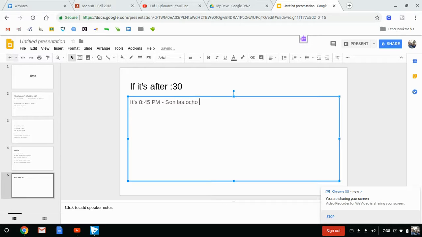Son las 8:45 de la noche. I can go through that whole phrase, but think about another way to say that in English. I don't typically say it's 8:45. I normally, in everyday usage, I'll say it's a quarter till 9.